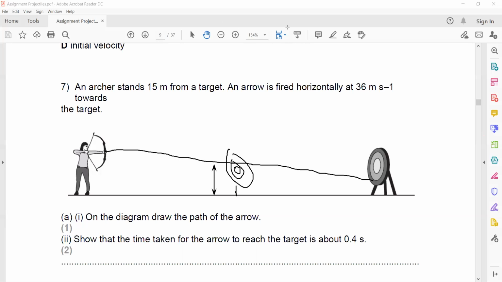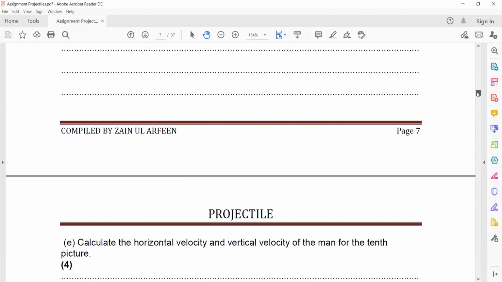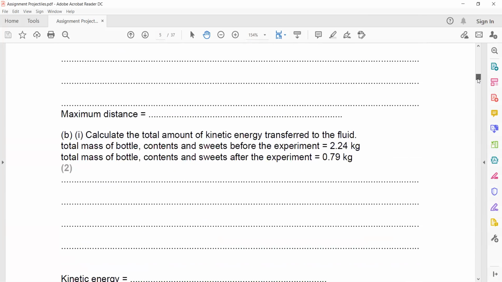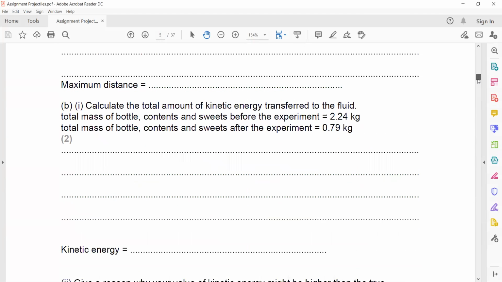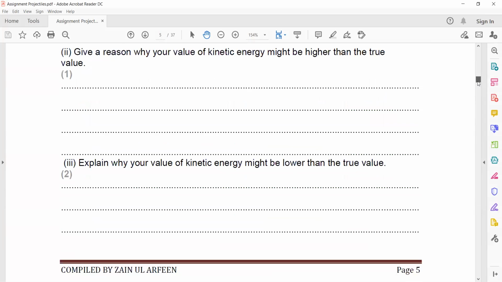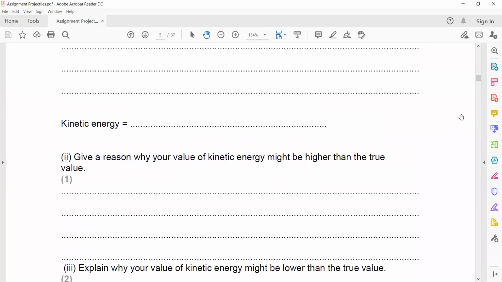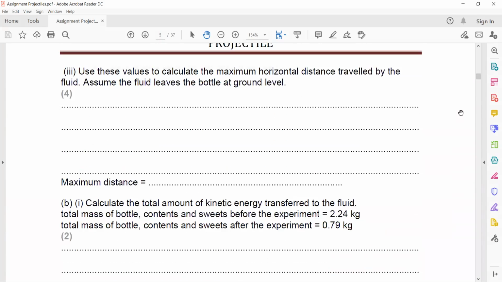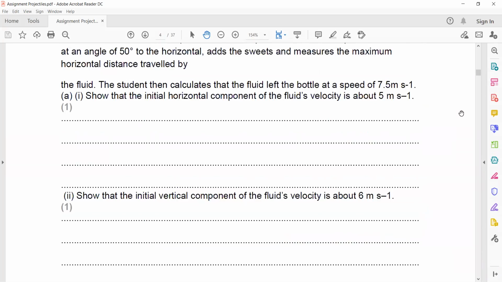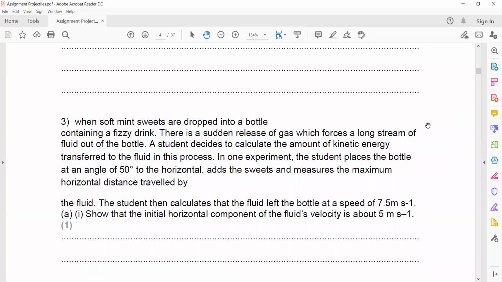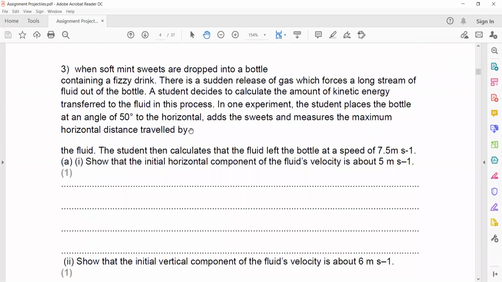Question 3, B2 and 3. In the question, basically a soft mint sweet was dropped in a bottle.